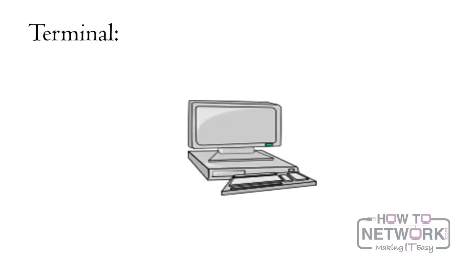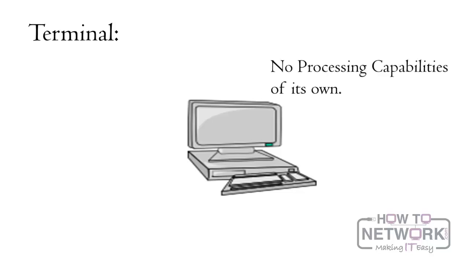All right. Now, a terminal. A terminal is a network hardware device that's used for entering data into it and displaying data from another computer or computing system. It's commonly called a dummy computer because it doesn't have any processing capabilities of its own. It also doesn't have much memory or anything else, okay? So it is literally a dummy.